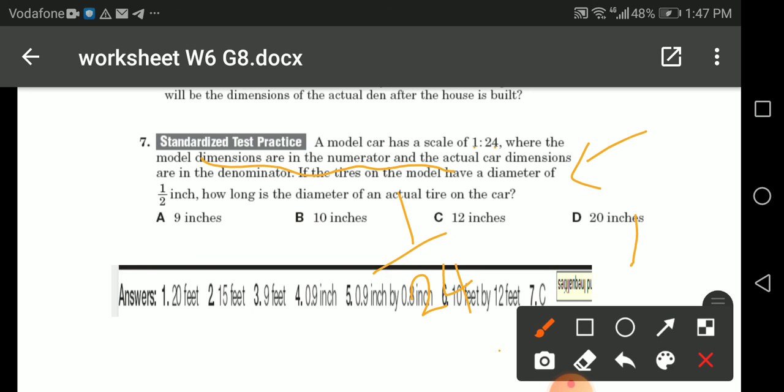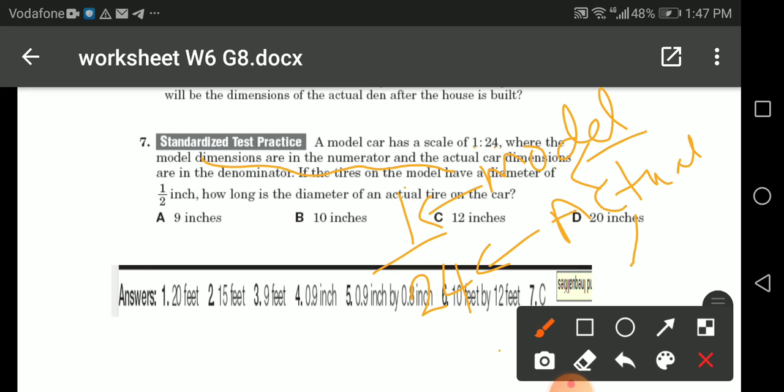And he says that the model dimension is the numerator. This is the model dimension for the numerator, the top of the fraction, and of course this is the actual, the denominator.